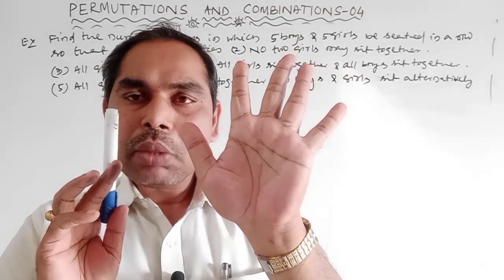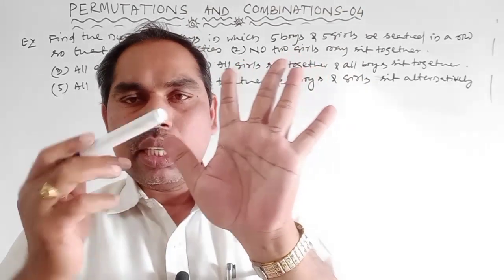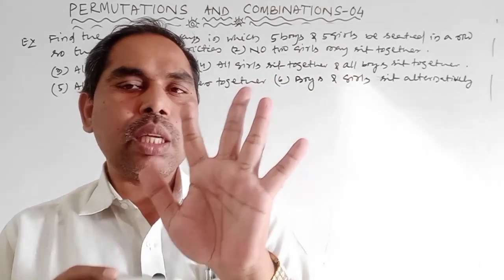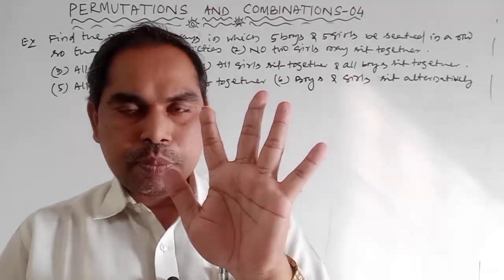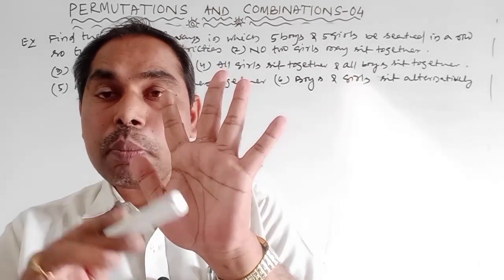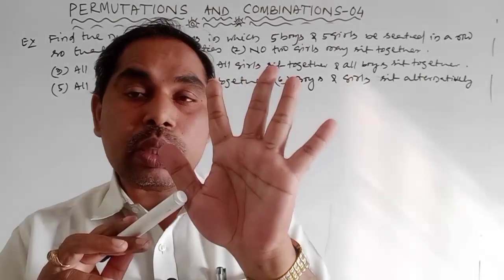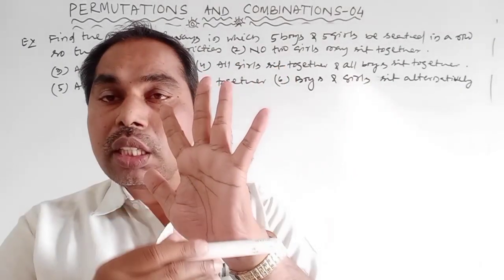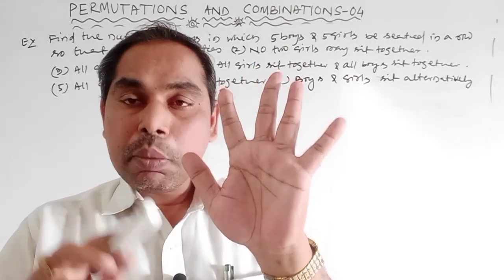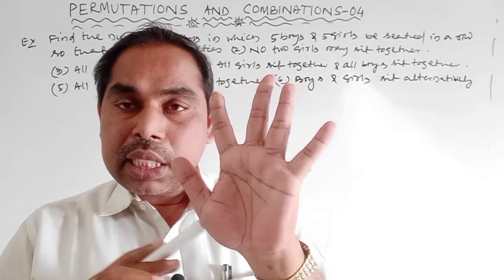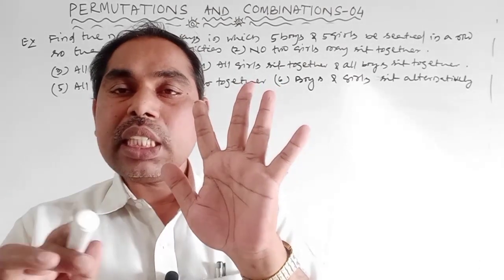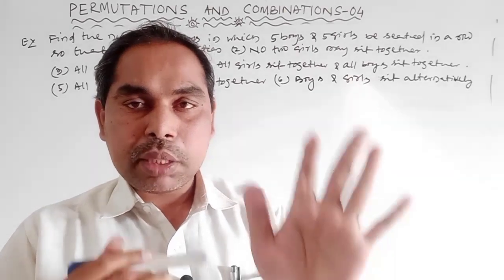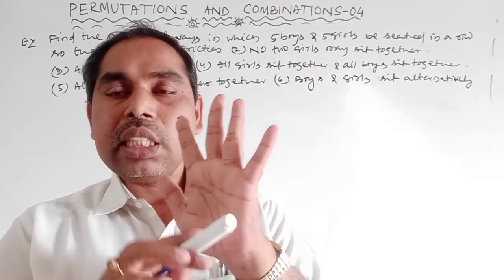Now there are 6 gaps among the 5 boys: 1, 2, 3, 4, 5, 6. These 6 gaps are occupied by girls because no two girls sit together. 5 girls can be arranged in these 6 gaps in 6P5 ways.